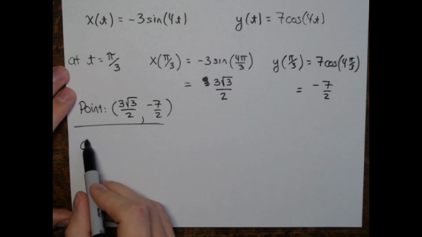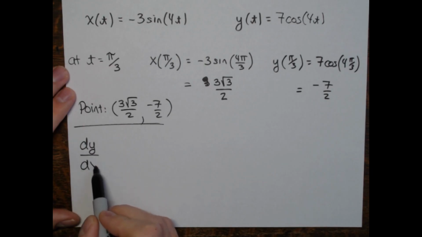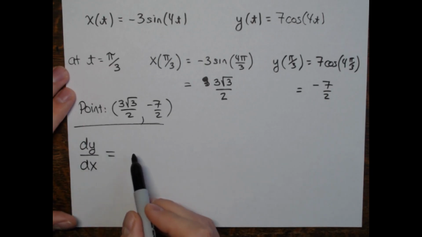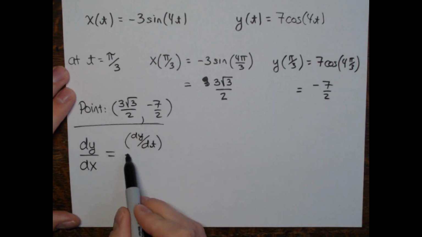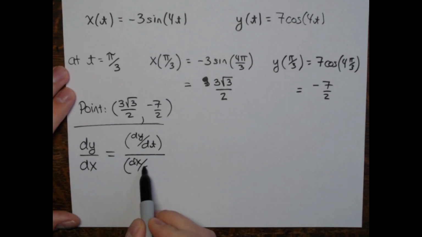Now I want the slope. We want the slope of the tangent line, which is dy dx, which once again I'm going to do as dy dt divided by dx dt.